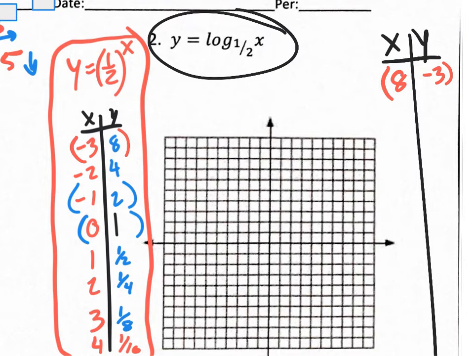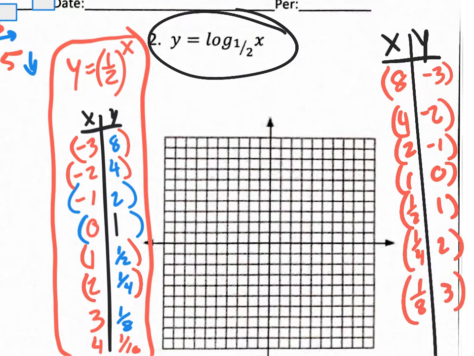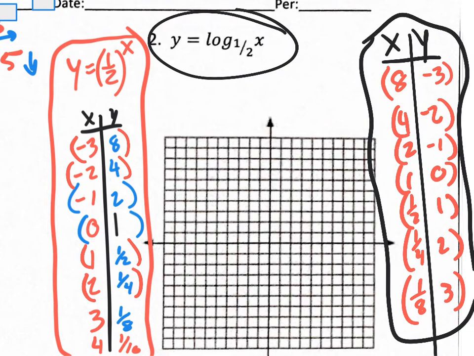Switch x and y. -2, 4, switch it. 4, -2. Switch x and y, 2, -1. Switch x and y, 1, 0. Switch x and y, 1/2, 1. Switch x and y, 1/4, 2. Switch x and y, 1/8, 3. Now, these guys right here are the actual coordinates of that logarithmic function.